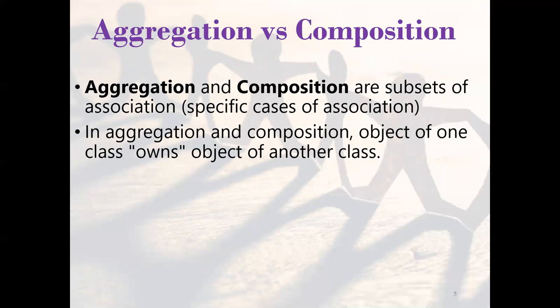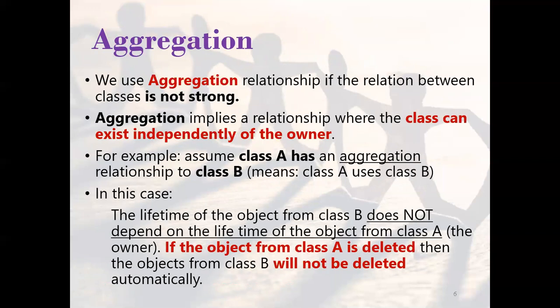In aggregation and composition, an object of one class owns an object of another class. So it's the owner-owned relationship. What's the difference between aggregation and composition? Aggregation first. We use aggregation if the relationship between classes is not strong.